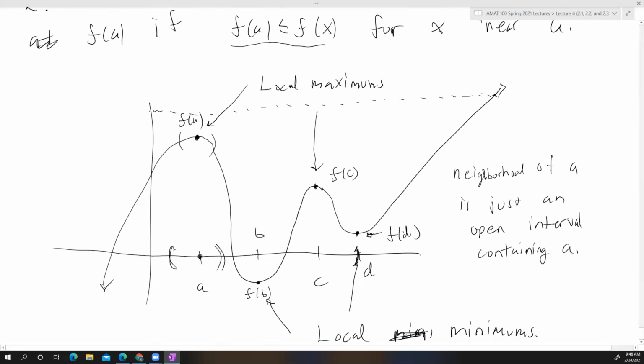And the same thing for B, C, D. A neighborhood of a point is just an open set or an open interval containing the point.